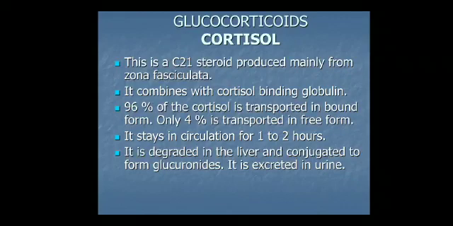The first thing is cholesterol will be taken up by the adrenal cells. This cholesterol will be converted into pregnenolone in the presence of the enzyme desmolase. This pregnenolone will be converted into progesterone, and then progesterone will be converted into 11-deoxycorticosterone, and finally this will be converted into corticosterone.